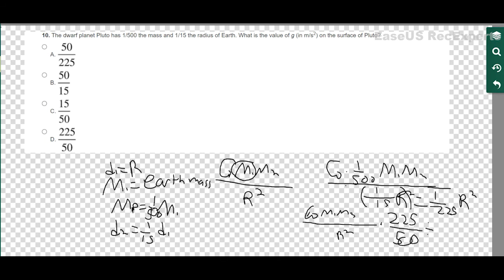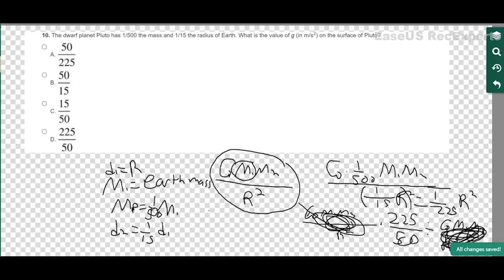Now you want to divide this entire portion by this right here, which is the Earth's force. So you would get that, and we can cancel out this entire portion over here. So now we have your information.